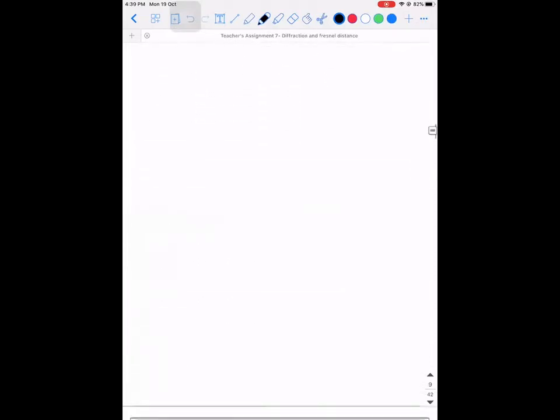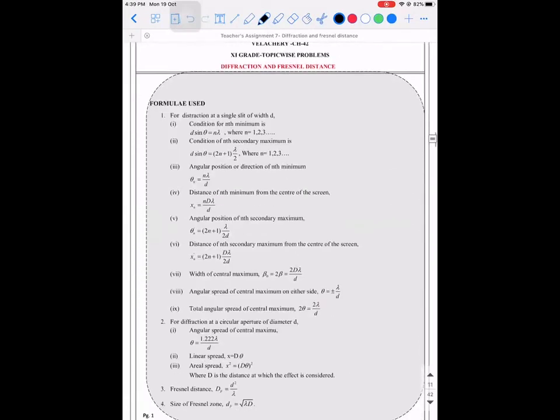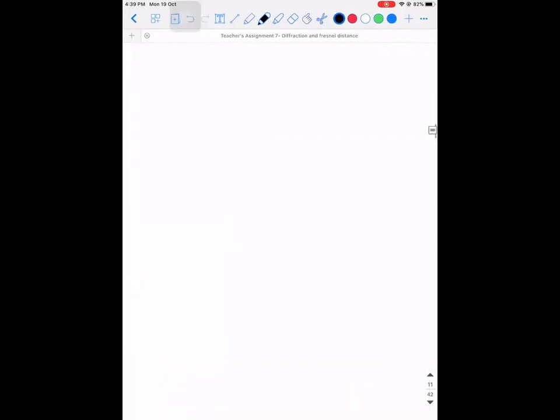Is it clear? Now see, in this, there are certain formulas for diffraction, okay, not distraction. For diffraction at a single slit of width d, condition for nth minimum is d sine theta is equal to n lambda. Condition for nth secondary maximum is d sine theta is equal to 2n plus 1 into lambda by 2. And angular position of nth minimum.